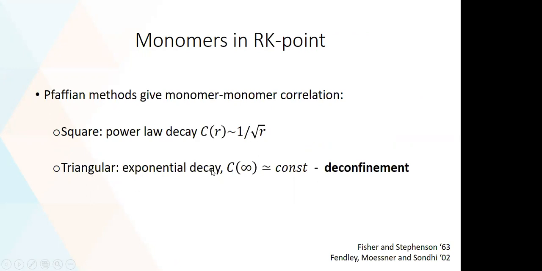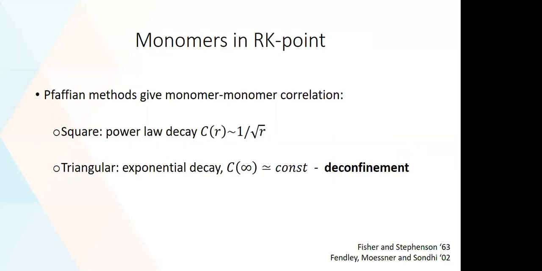And on the triangular lattice, it actually goes to a constant, meaning that you can find the monomers arbitrarily far away from each other. So this behavior, I think they're both called deconfinement, but in the triangular lattice, it's more deconfined than on the square lattice in some sense.